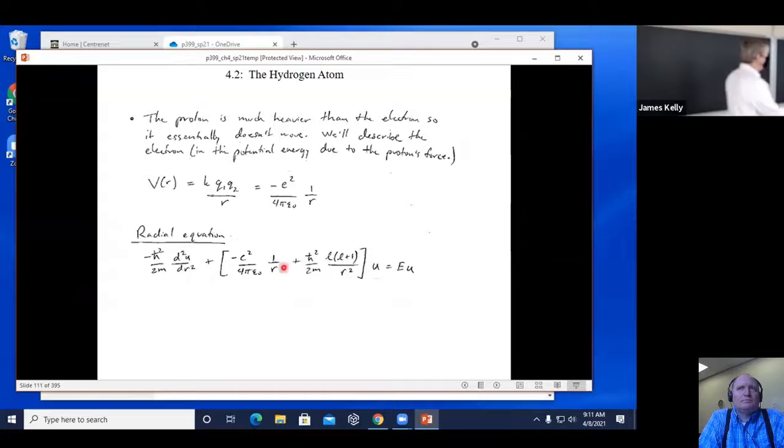Repelling because it comes in with a plus sign here rather than the minus sign. This is an attractive potential energy. This is repulsive, really, and it means when you're spinning in a circle around something, it's really hard to move towards the center. As you get closer and closer in, you're spinning faster and faster, and it's really hard for you to get close to the center of rotation.